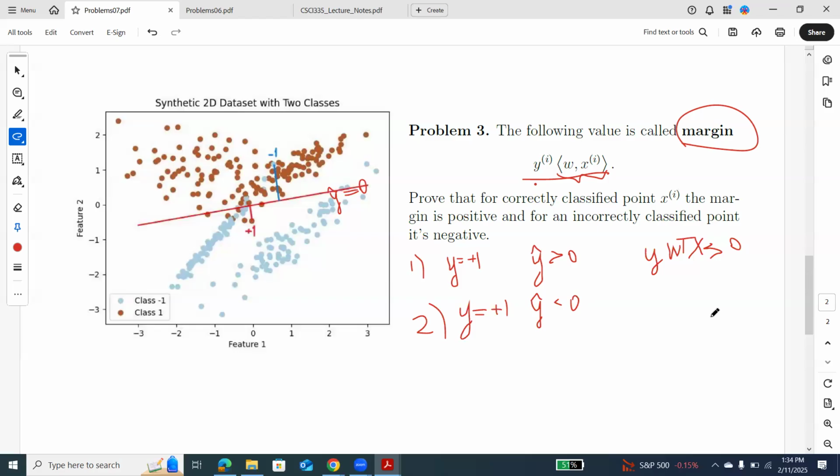So our model predicts this as negative class. So the dot product will be negative for this point. And when we take the product with target, the first term will be positive, the second will be negative.